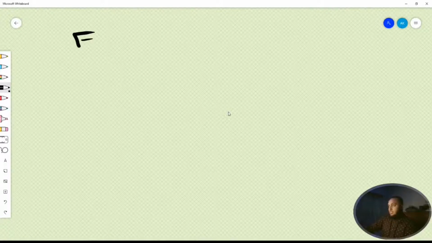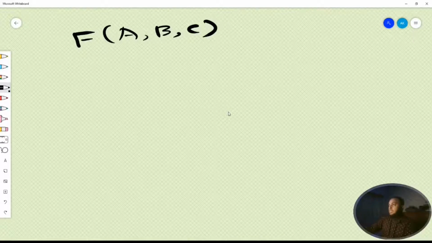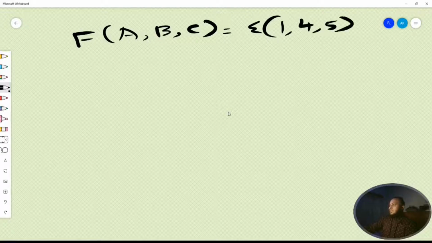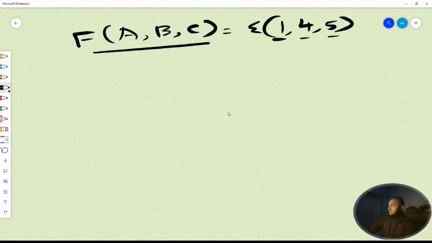For example, let's say we have a function f of a, b, c, where a, b and c are the inputs, and let's say this is the expression for f: 1, 4 and 5. That means this function is 1, or we can say the outputs of this function are ones at these positions.